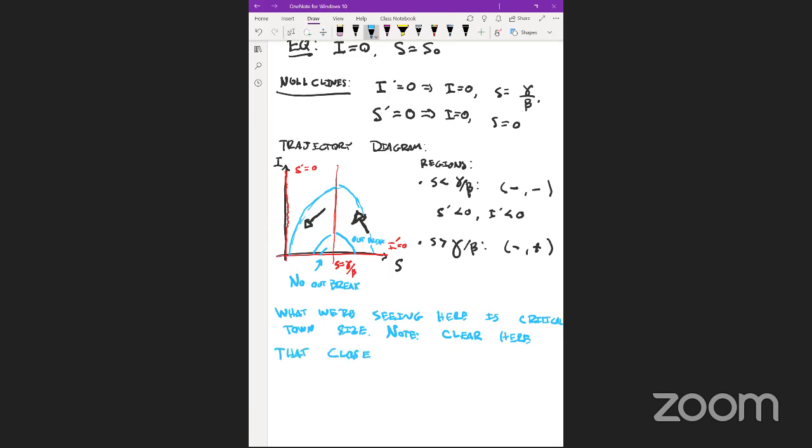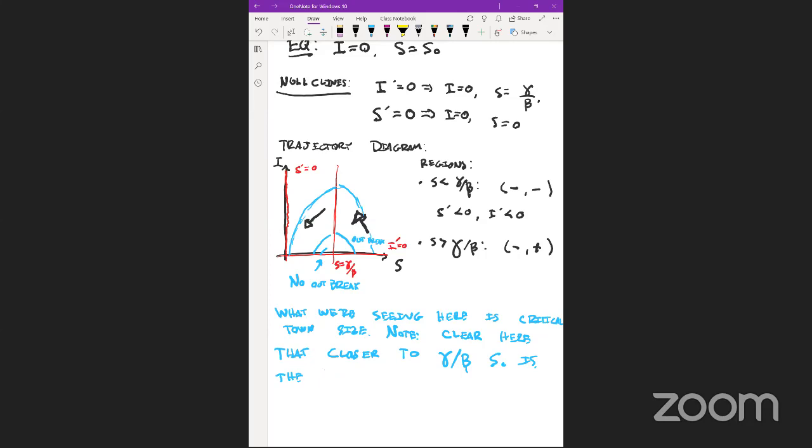Closer gamma over beta S naught is, well, I shouldn't say it was what better.